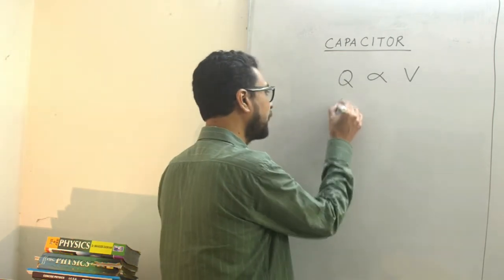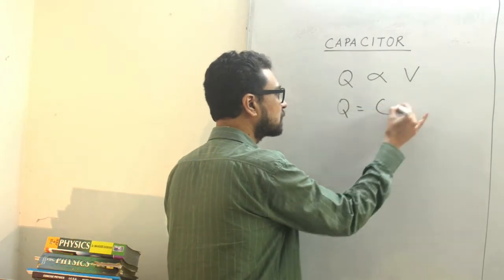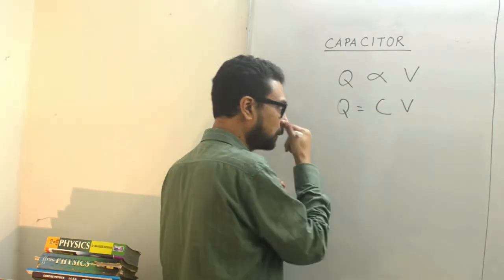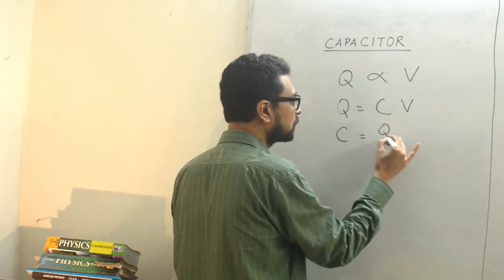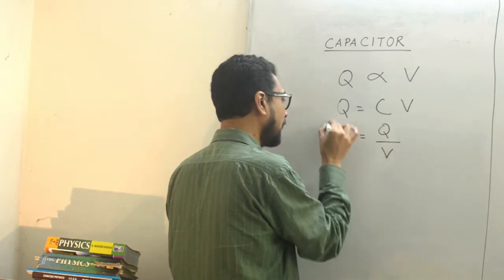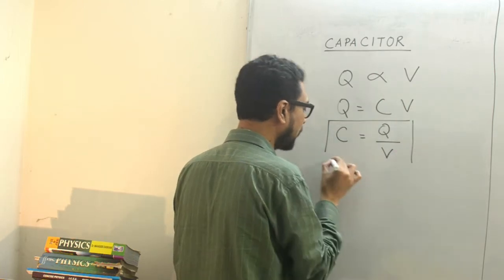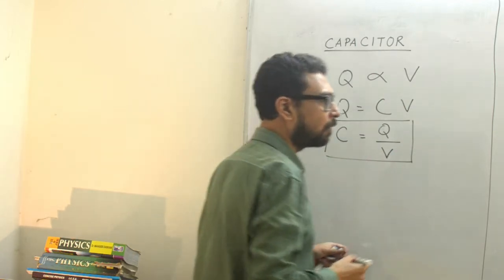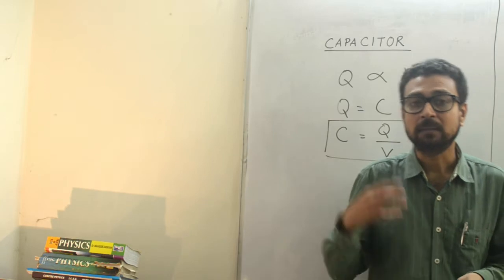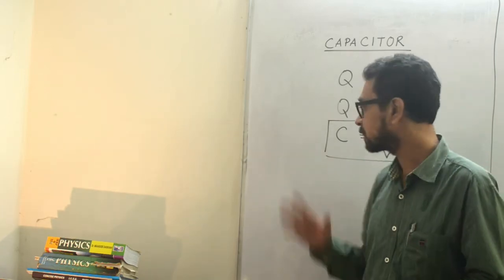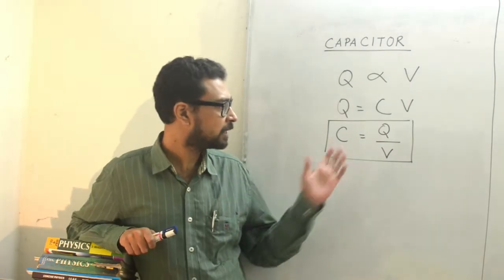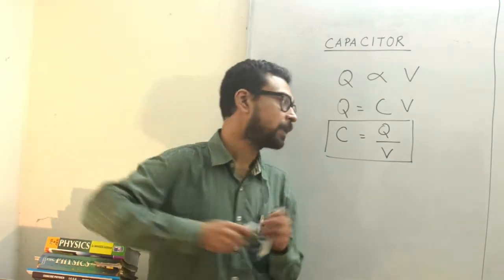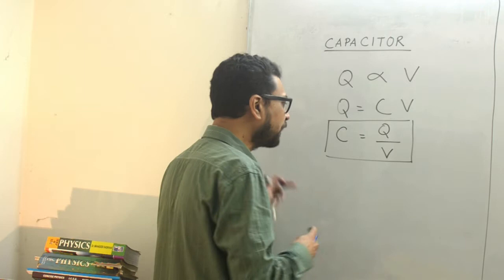From here we can write a new expression, that is Q = CV, and C = Q/V, and this C is known as capacitance, or the capacity of storing charges. How can we define it?